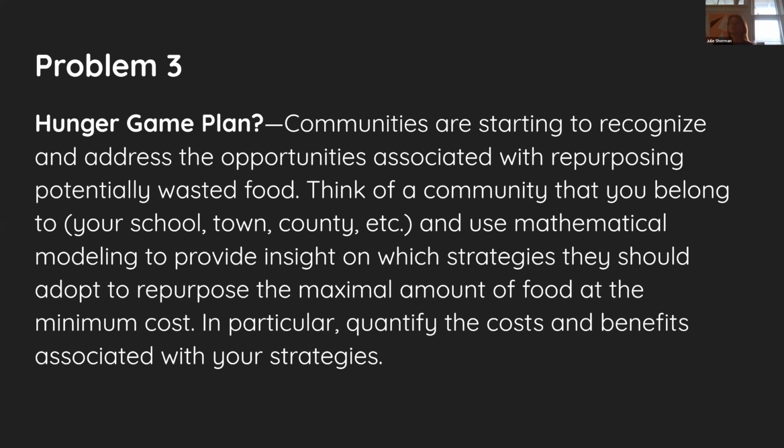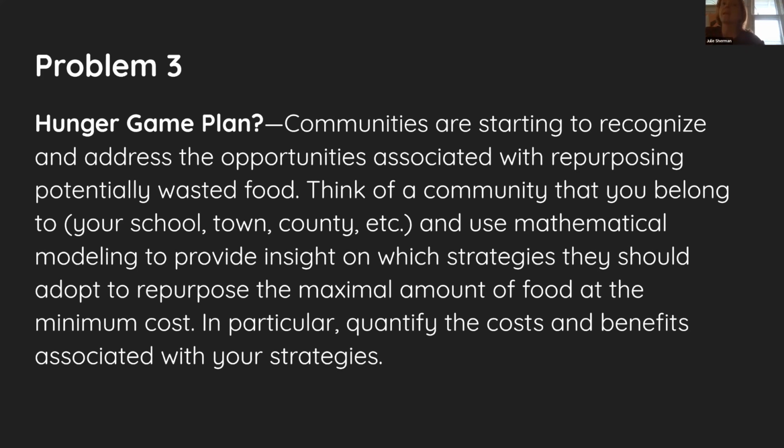So if I was doing this challenge, I would be highlighting all over this thing. I would highlight quantify the costs and benefits. We want to make sure that our answer set is extremely, extremely clear. I would highlight which strategies. So this, to me, implies that I should be comparing multiple strategies.